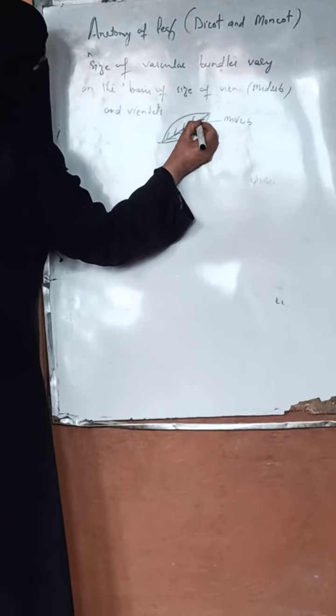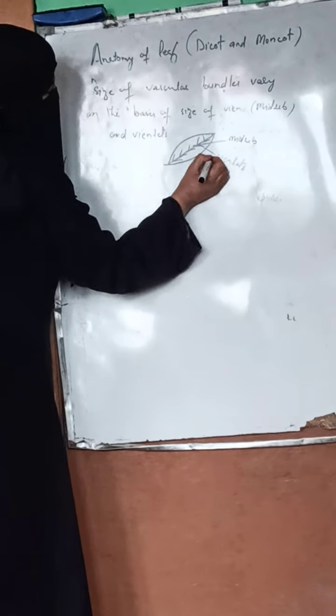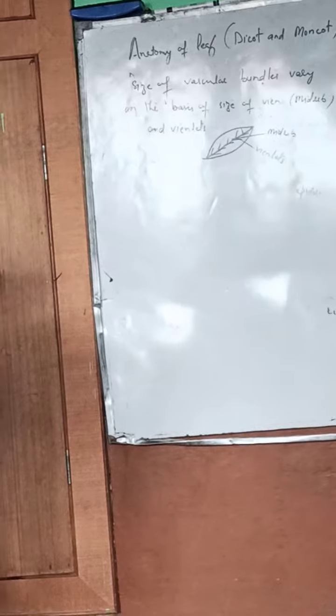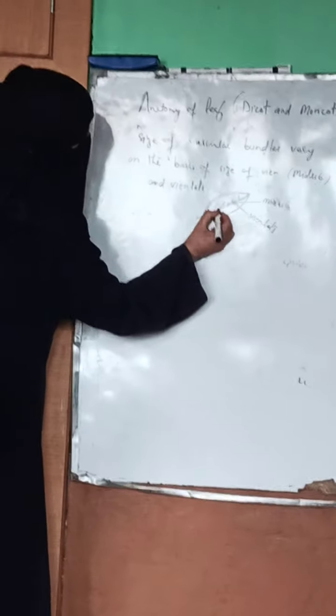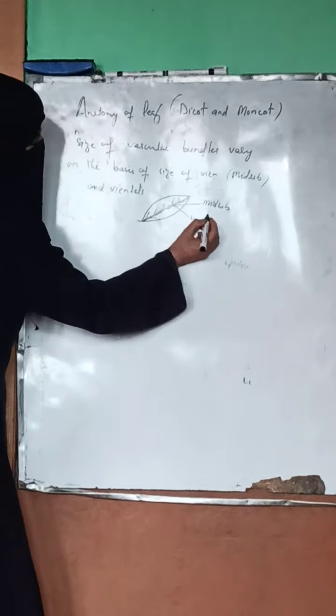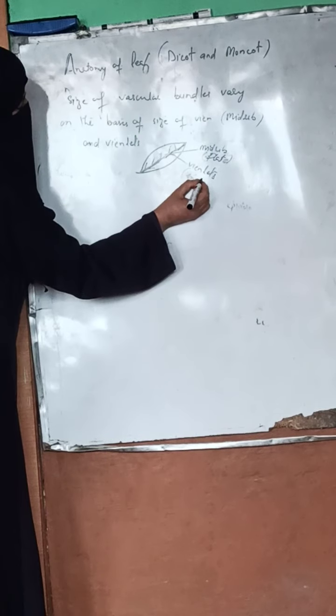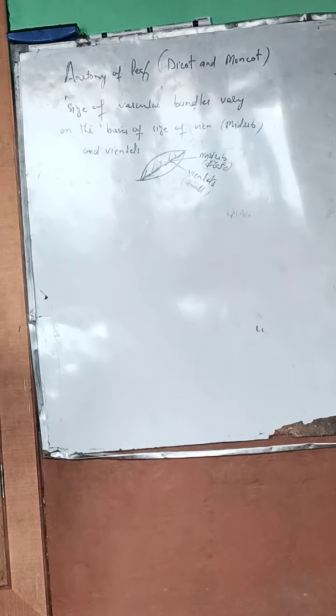If this is a leaf, the vein is big, and these veinlets are small.